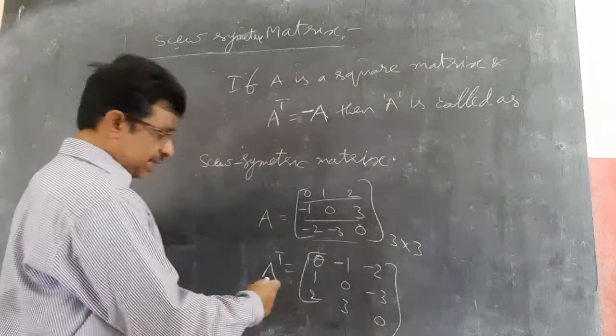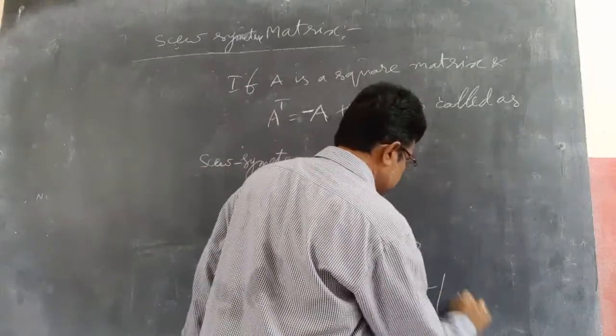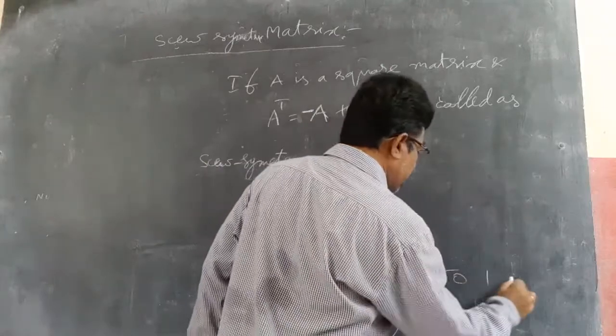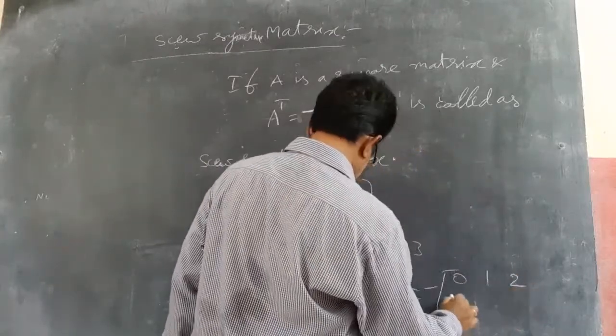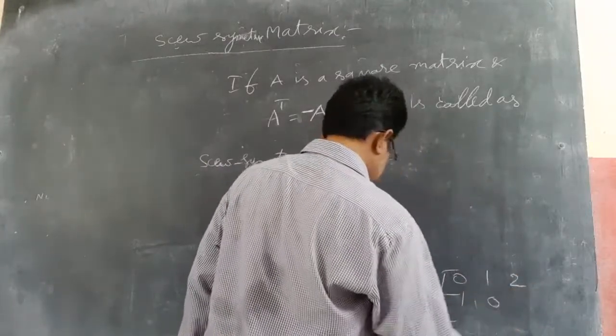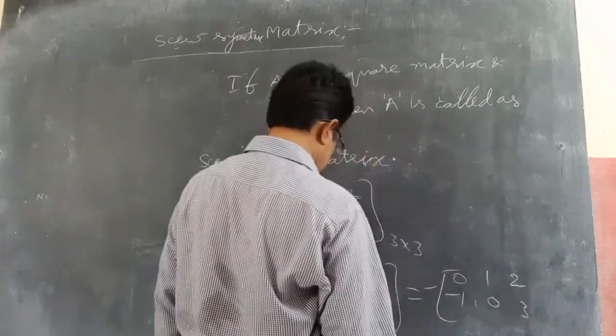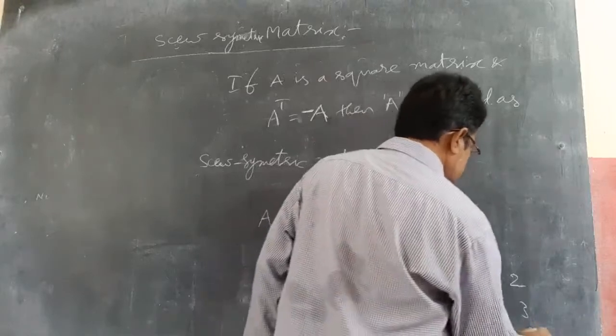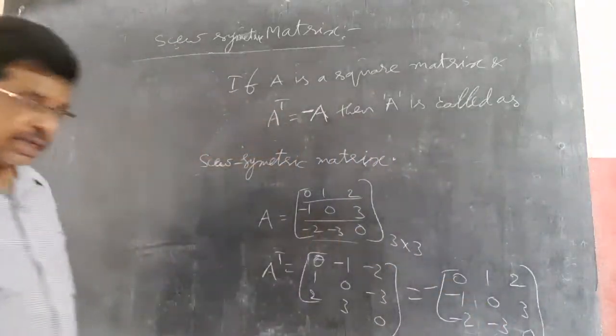Now if I take minus common from this matrix, what do I get? 0, 1, 2, this becomes minus 1, 0, 3, and this becomes minus 2, minus 3, 0. So after this it is nothing but A only.